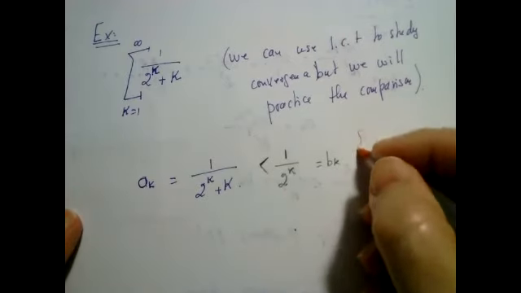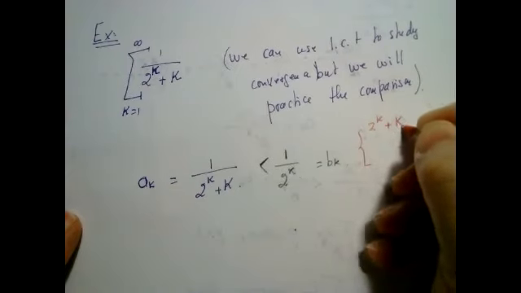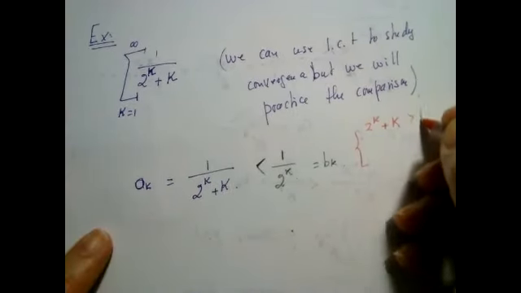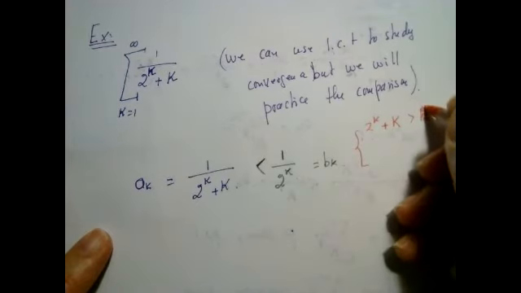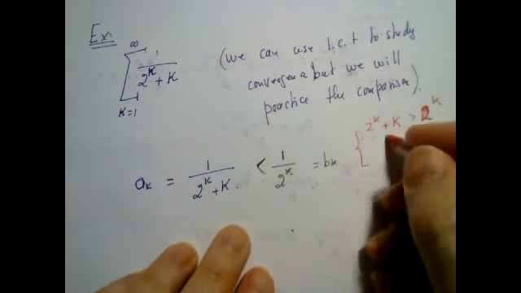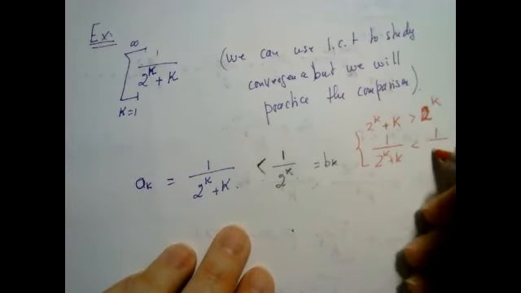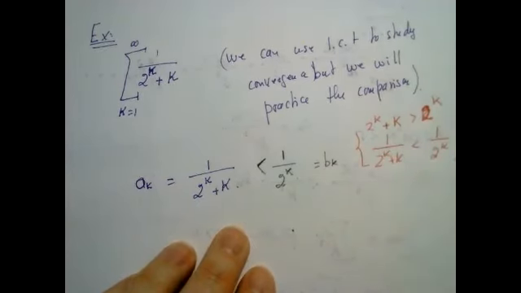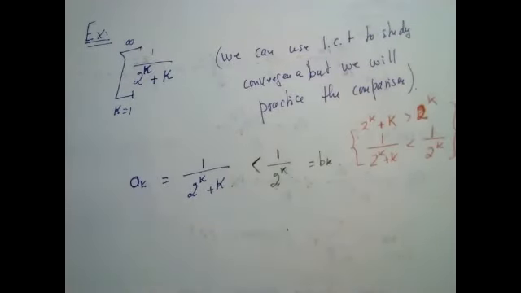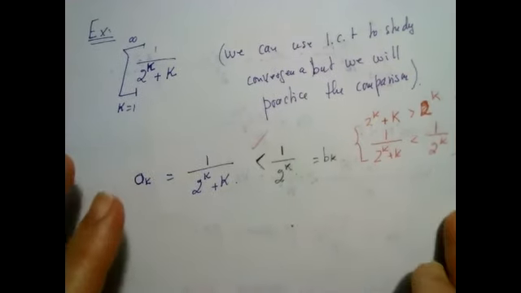In other words, because 2 to the k plus k is larger than 2 to the k, if we flip them, this would be less than 1 over 2 to the k. So that's the justification of why I can put this inequality. As I said, the difficulty with this test is that you have to make sure your inequality is correct. But now we're done.